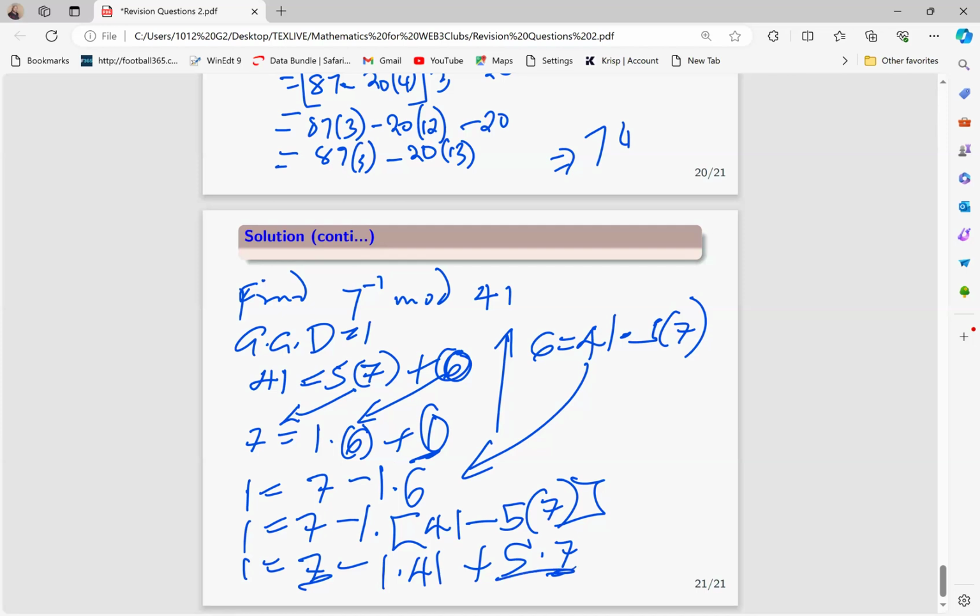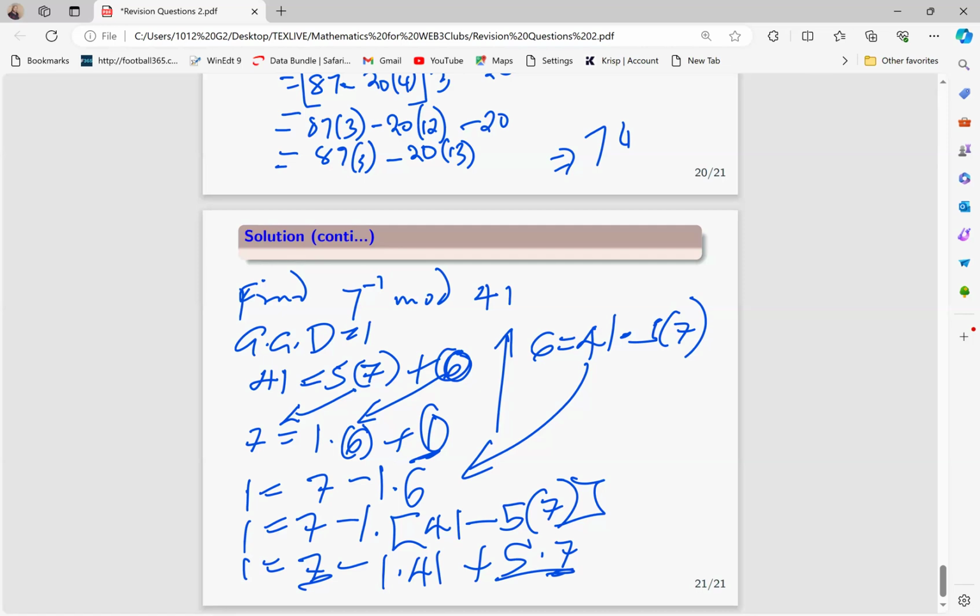So the equation says 1 times 7 minus 1 times 41 plus 5 times 7.